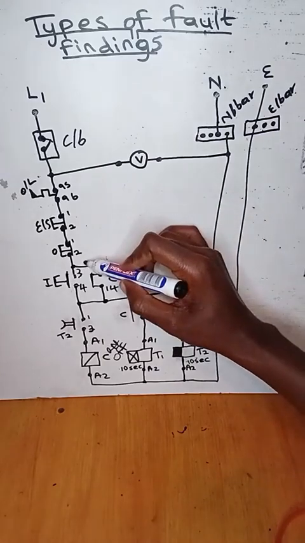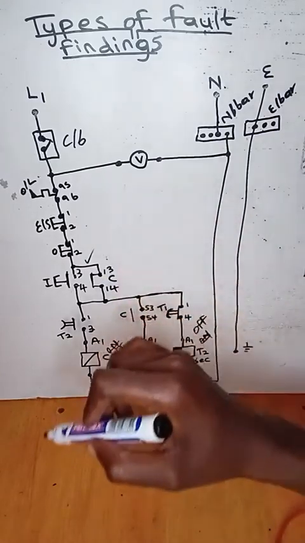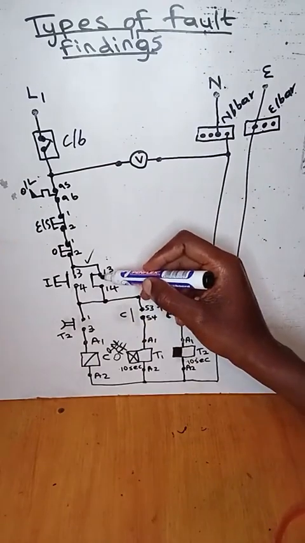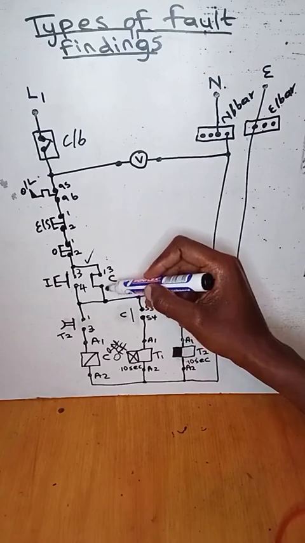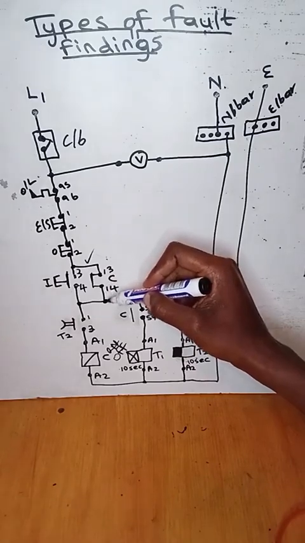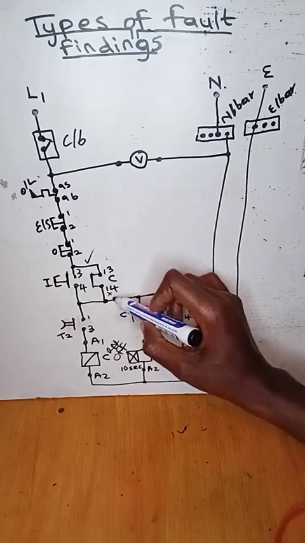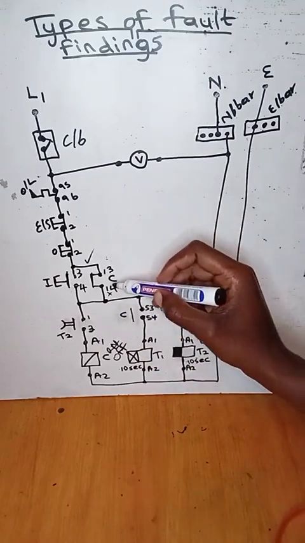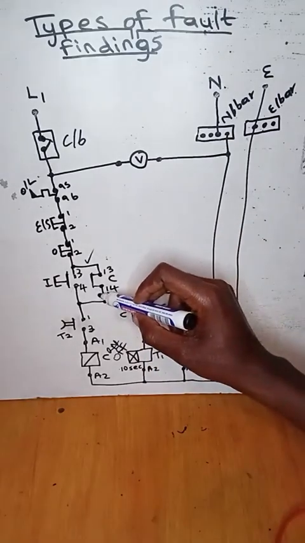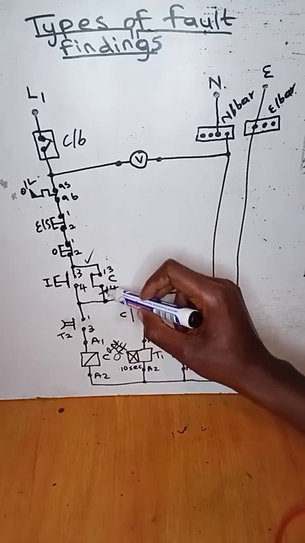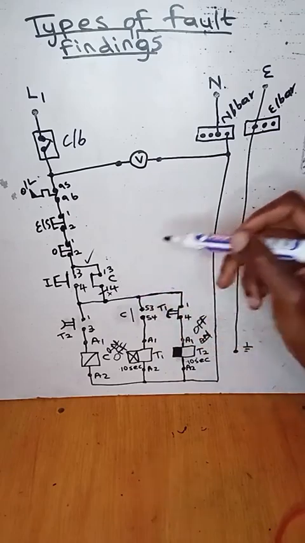So let's say it is present, and then also you have to test it after, which is number 14 from this wire. So if this wire is absent, which means you'll take this wire like this to show that it's absent.